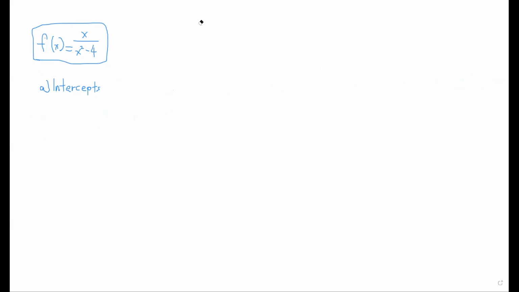Okay, first we will be doing our intercepts. For the x-intercepts, it's wherever f of x is 0. It's just at x equals 0. That's the only one.